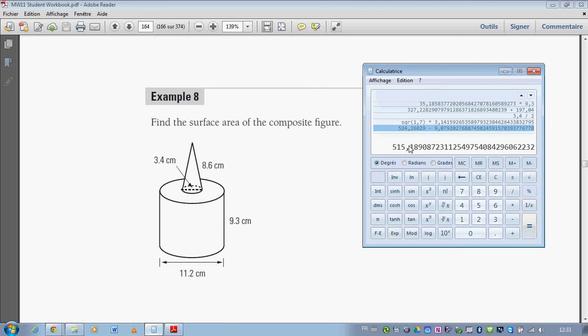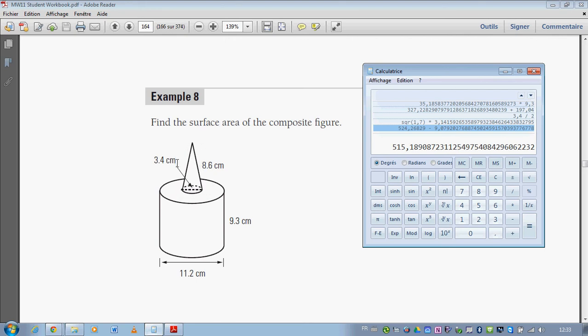That gives us 515.189. I'll jot that down as well. Now this is the total surface area so far, excluding the lateral area of the cone.